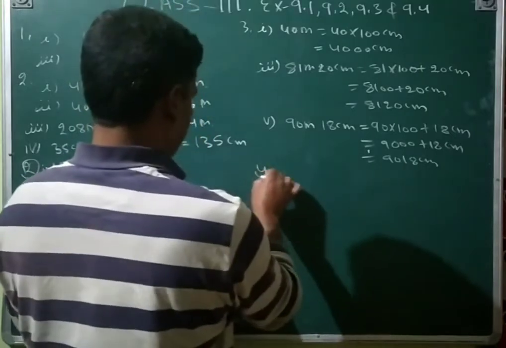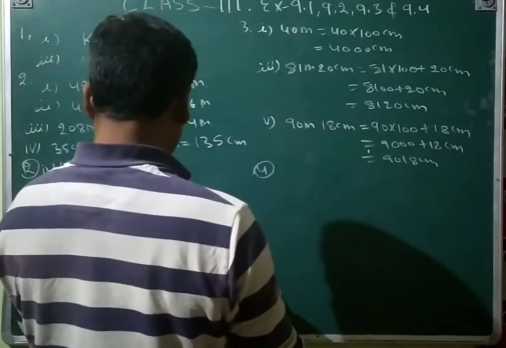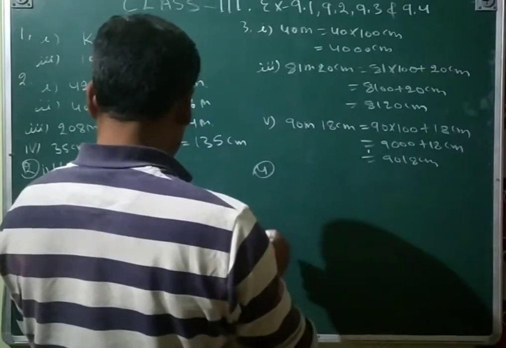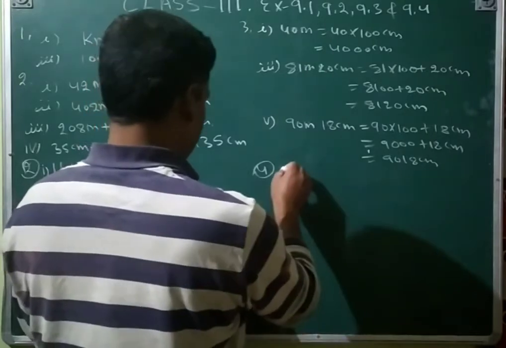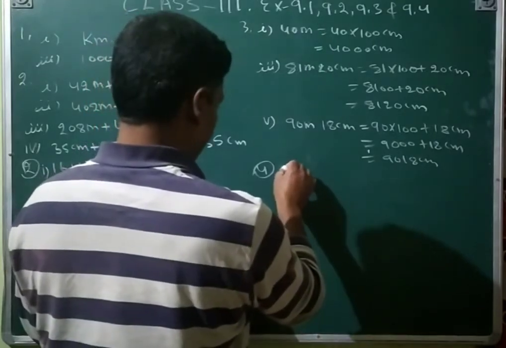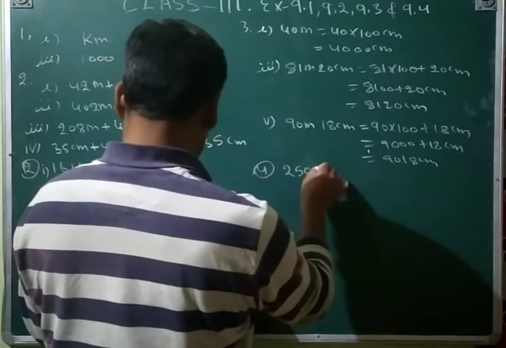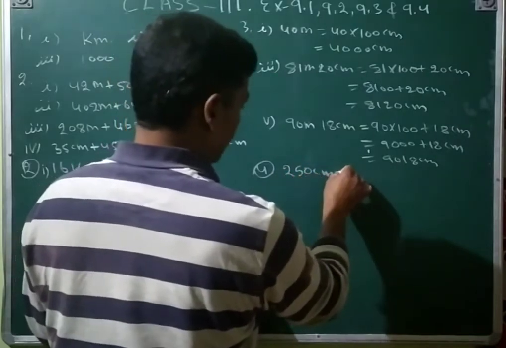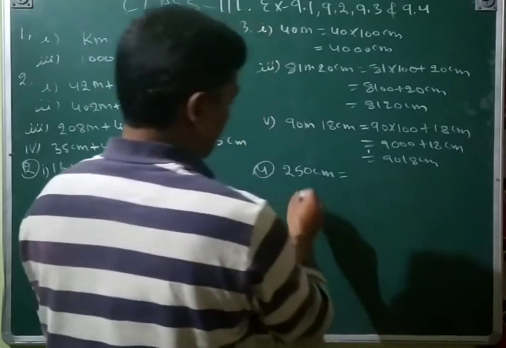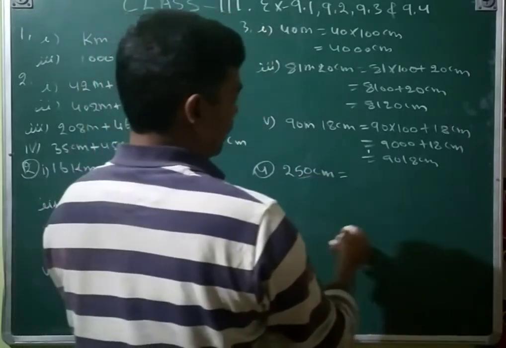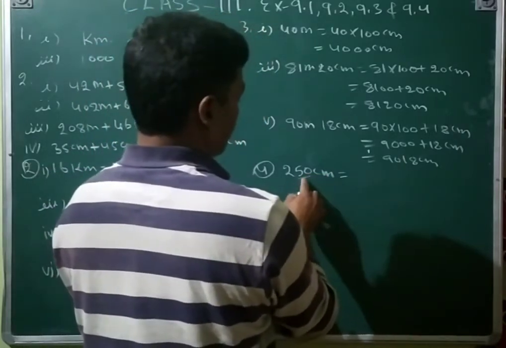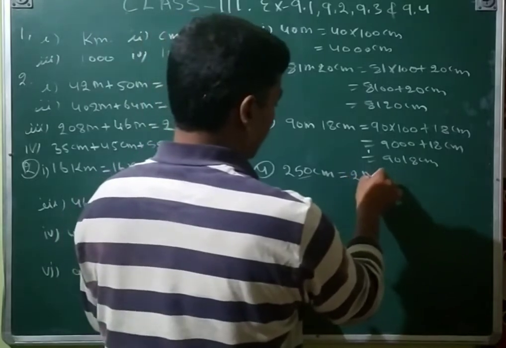Question number 4, convert into meter and centimeter. 250 centimeter is equal to, see, the last two digits will go in centimeter and the other digits will come in meter.